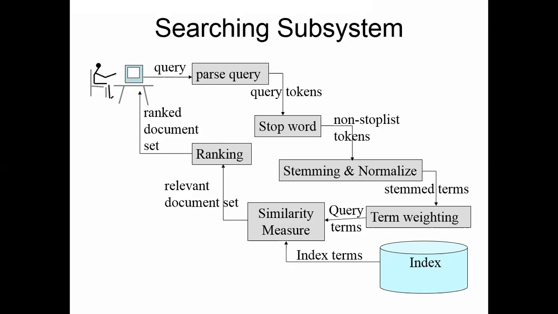If the users are not satisfied, they can modify their query and search again. The search engine will accept their query by applying the query preprocessing: tokenization, stop word removal, stemming, normalization, and terminating. Then again, similarity measurements are applied to check whether there is any document in our index similar to the query.